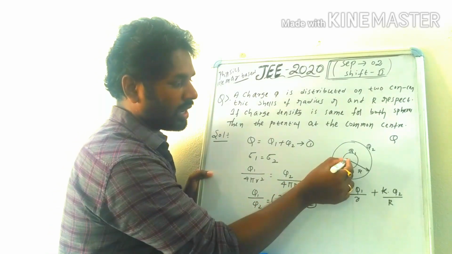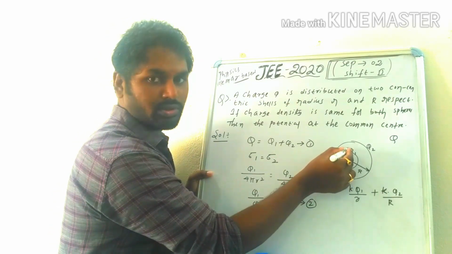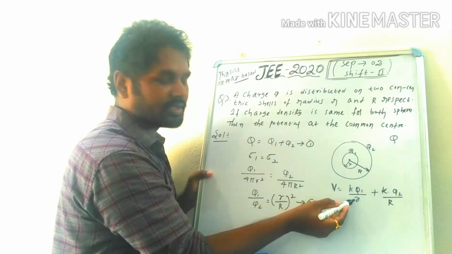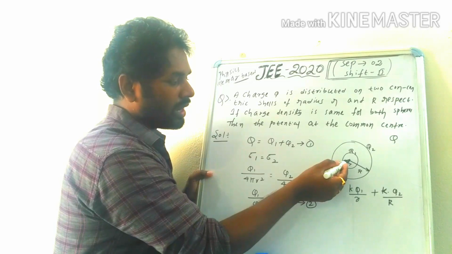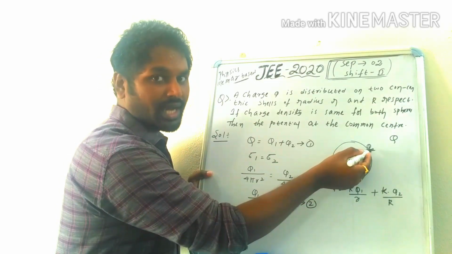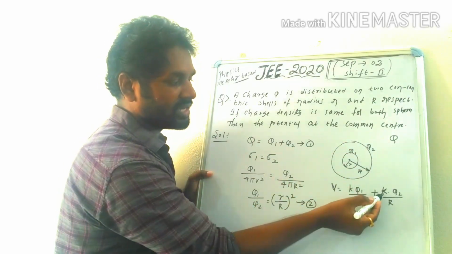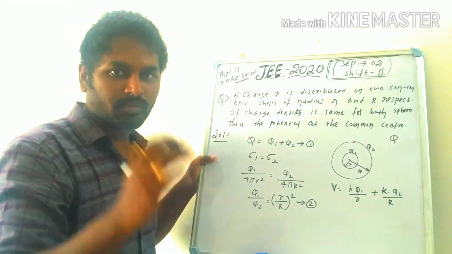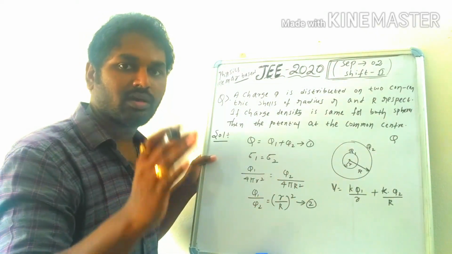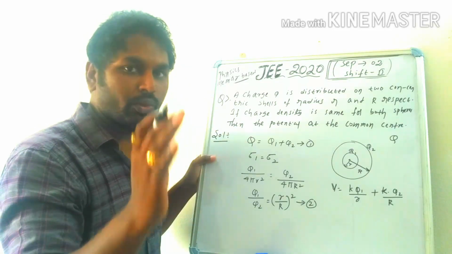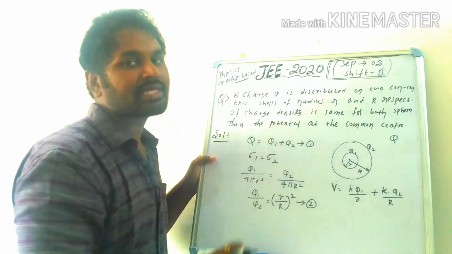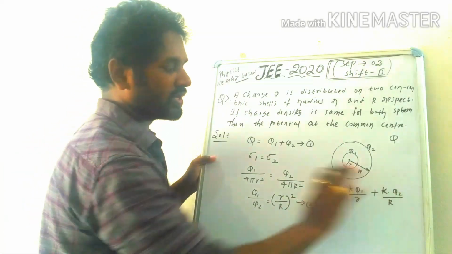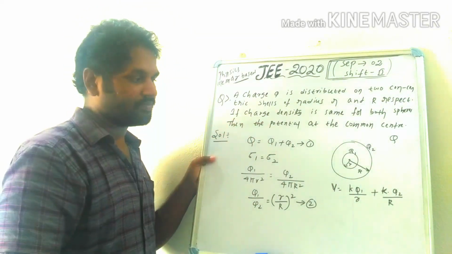At this point, due to charge Q1, the potential is KQ1 by small r. At the same point, due to the charge Q2, the potential is K Q2 by R. As you know, the potential inside a spherical charged shell is the same as the potential on its surface. So with this we can write the equation for the potential.